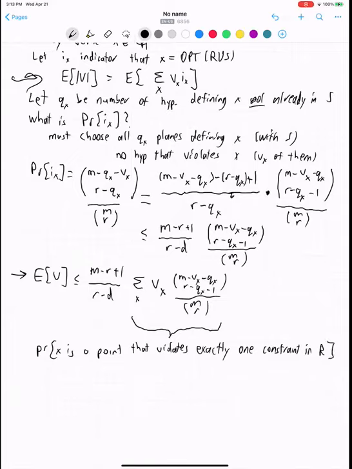Okay. And here's the justification for that. How do we pick a point that violates exactly one constraint in R?